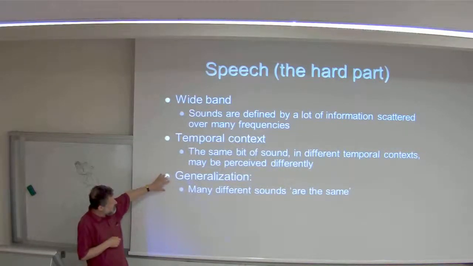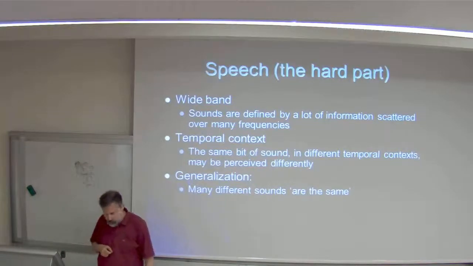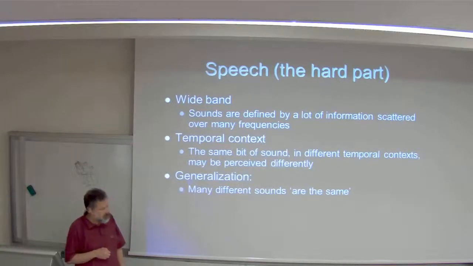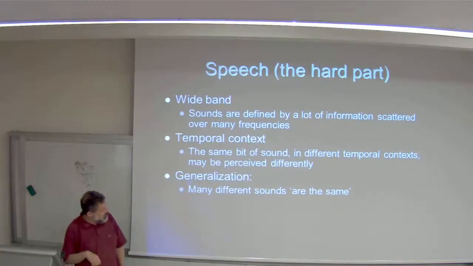And finally, specifically for speech, you have this issue that you have sharp perceptual boundaries, so-called categorical perception. You can change a physical parameter a lot and the sound will sound the same, and then you change it a little bit more and suddenly it changes in quality.